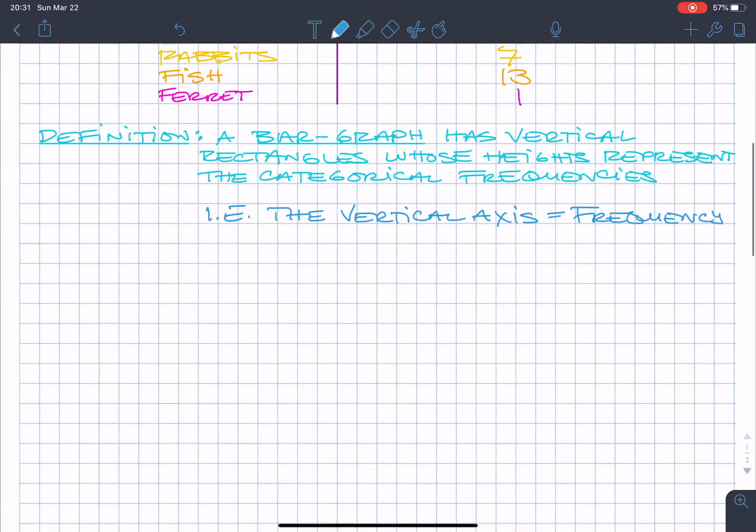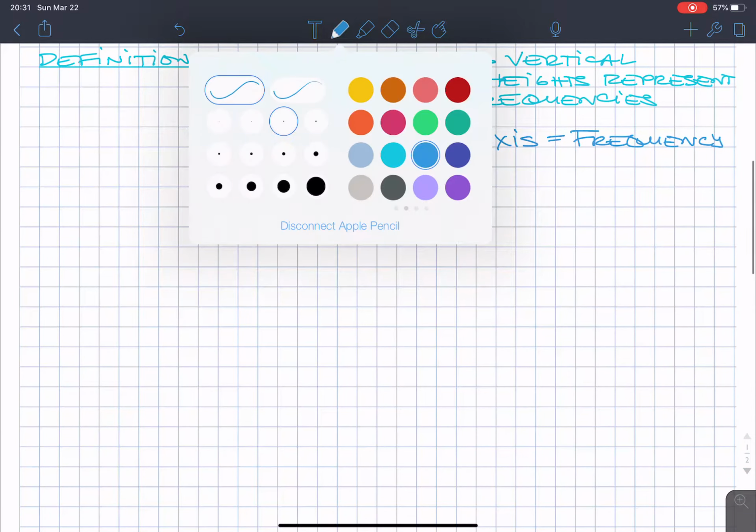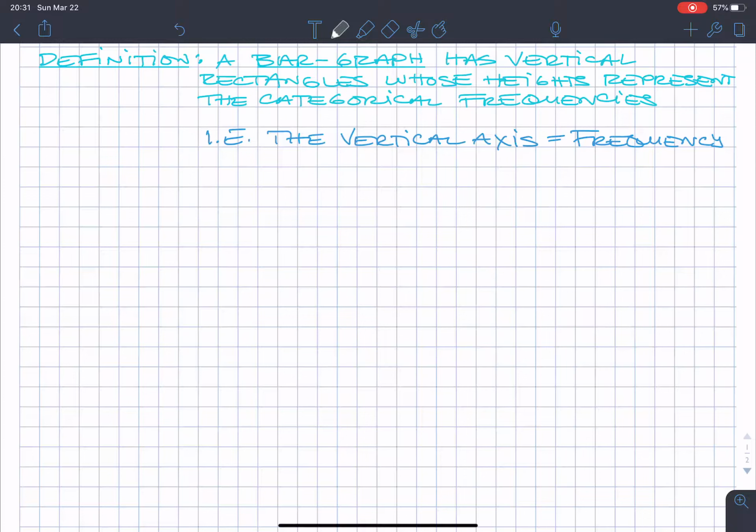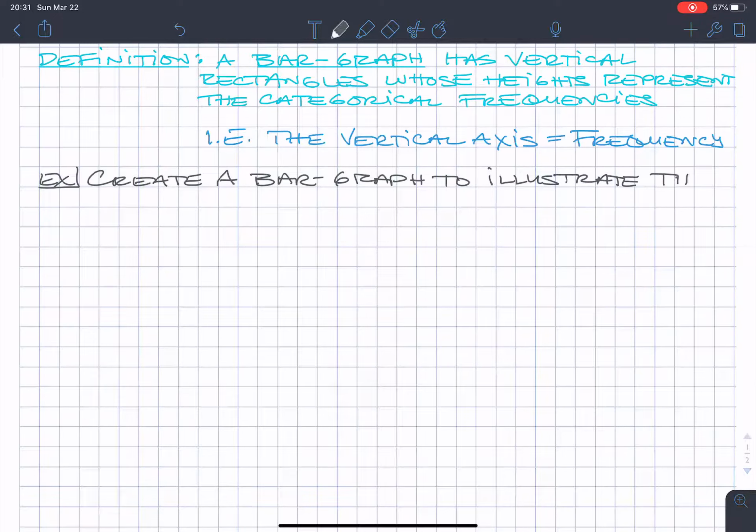Okay, so let's see this put into practice. So for example, let's create a bar graph to illustrate the frequencies.